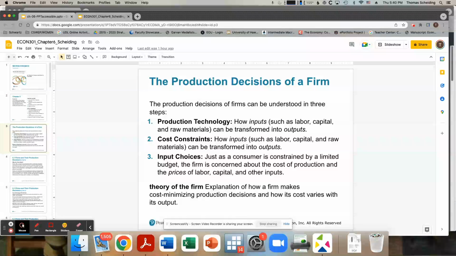And the way that they combine the inputs together, the way that they combine the labor with the capital, that's the technology.